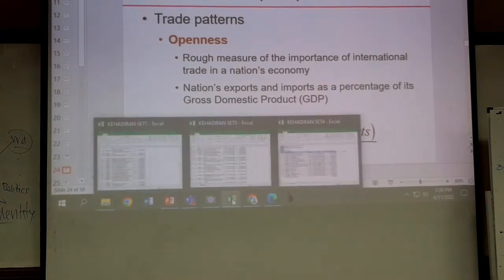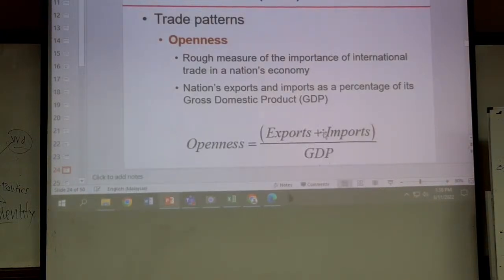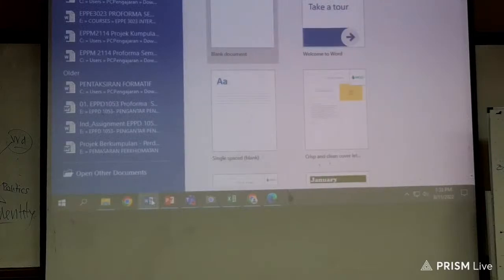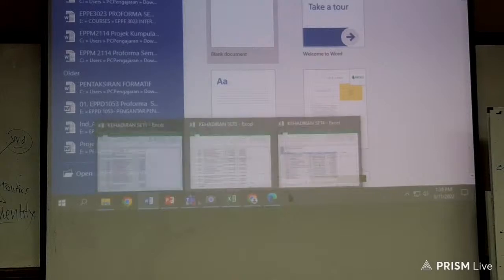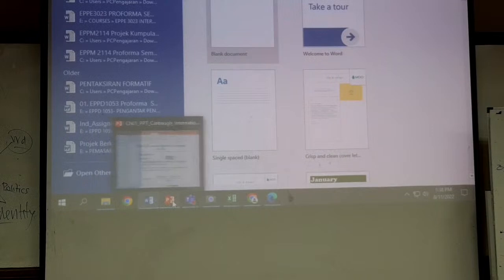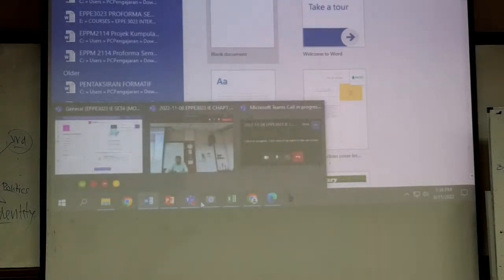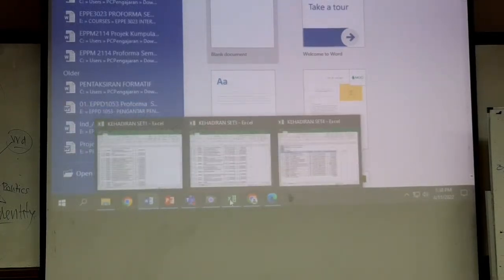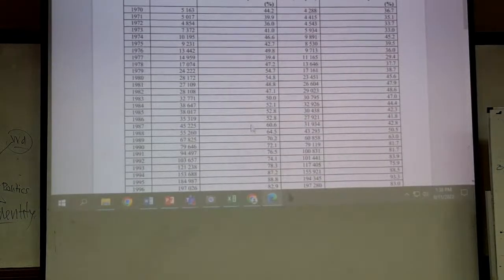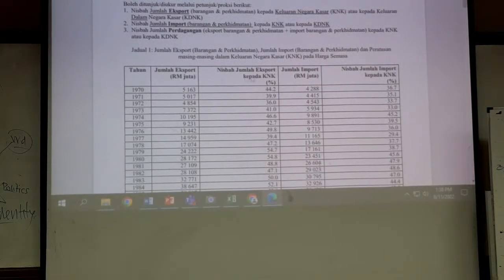So, export plus import. Let's see Malaysia. Here, I'm not adding together, but look at this, export.